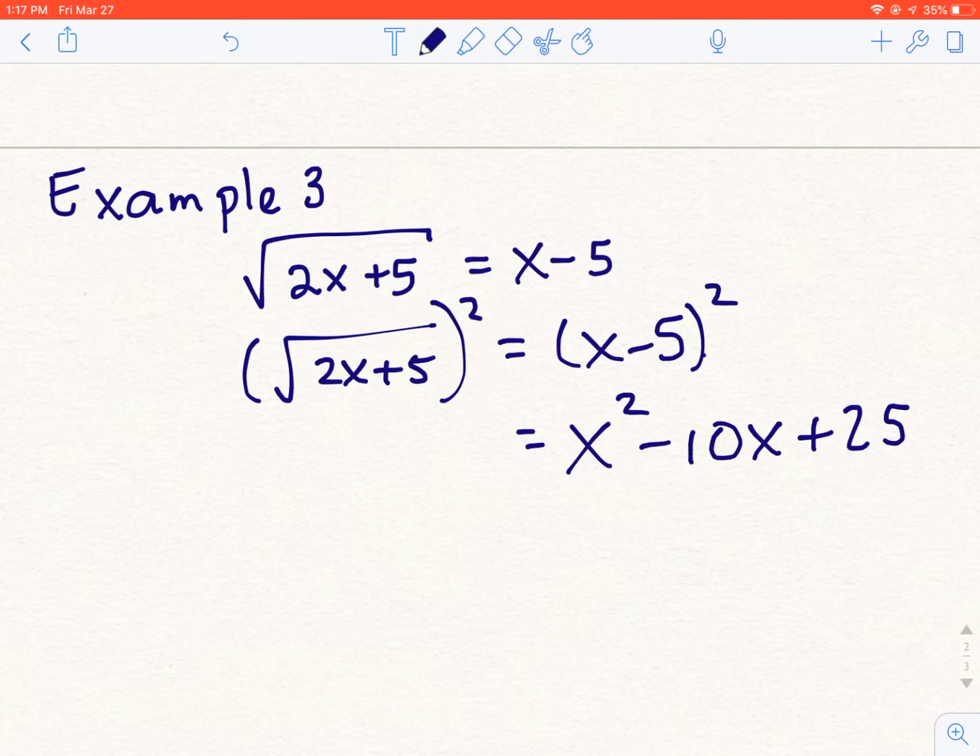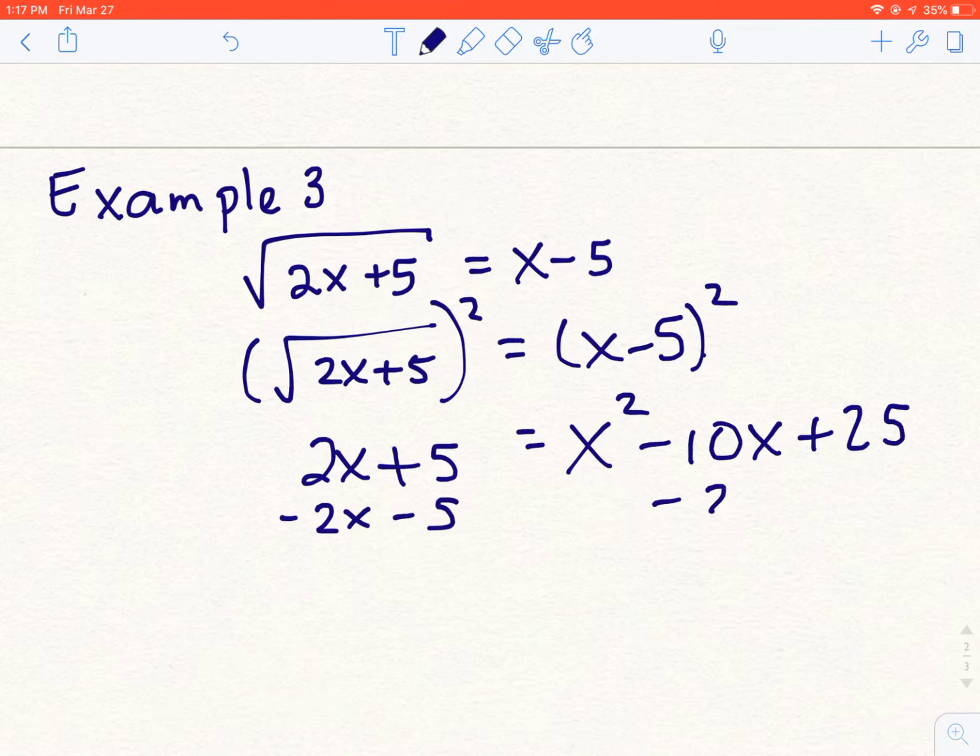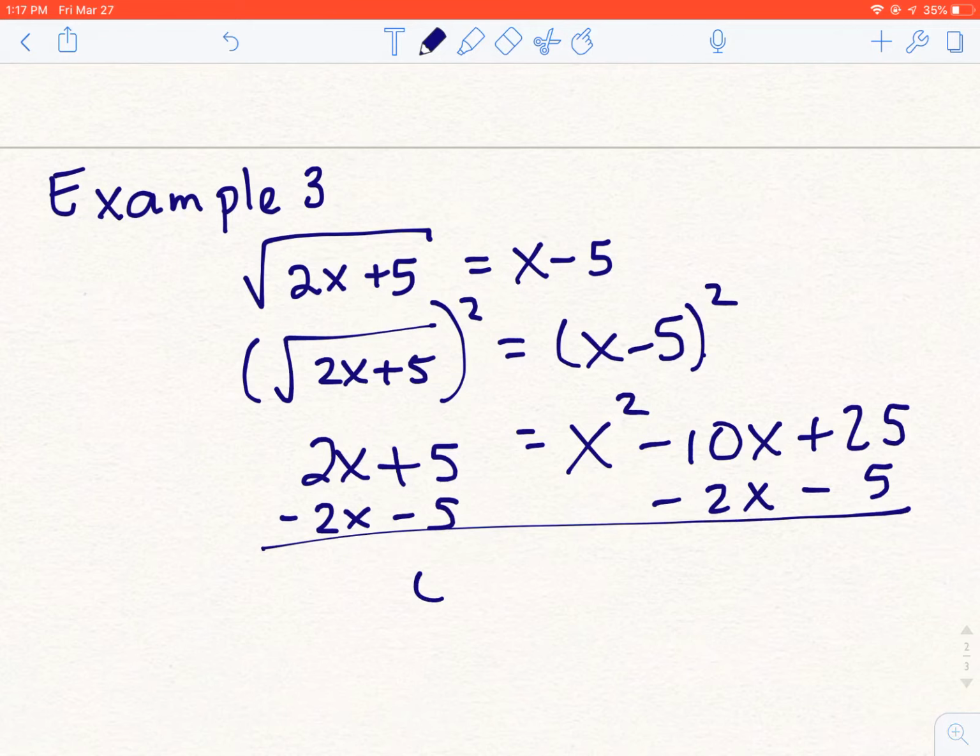And if I square the left side, I just get the radicand, 2x plus 5. Now it's a quadratic, so I need to make it equal to 0. So minus 2x minus 5 on both sides. So I end up with 0 is equal to x squared minus 12x plus 20.